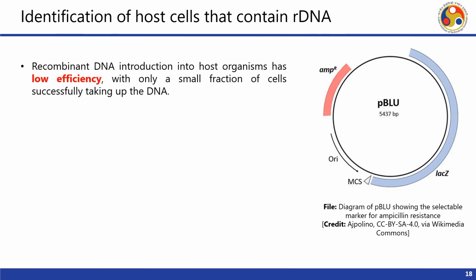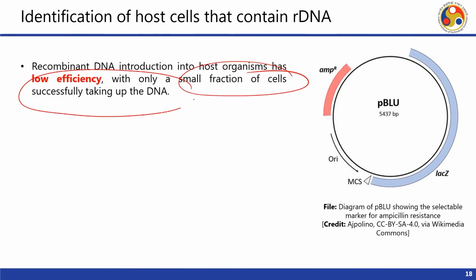The next important step is the identification of host cells that contain rDNA. After the vector is loaded with the gene of interest, and the recombinant DNA is introduced into the host cell by the method of transformation or transfection, it is essential to identify the host cells that contain this recombinant DNA molecule.